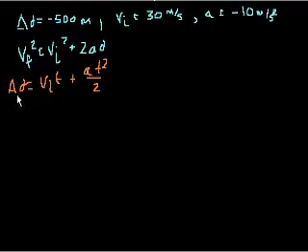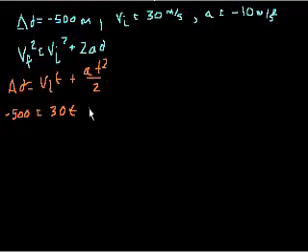So the change in distance is minus 500. Minus 500 is equal to the initial velocity. Well, that's positive, going upwards, 30 meters per second, so 30t. I'm not going to write the units right now because I'll run out of space, but you can redo it with the units and see that the units do work out. When you square time, you have to square the time units, although we're solving for time.